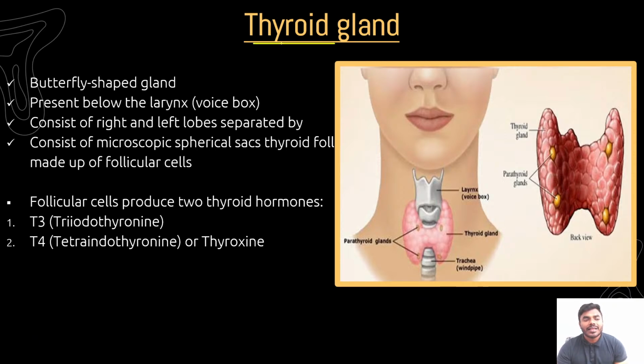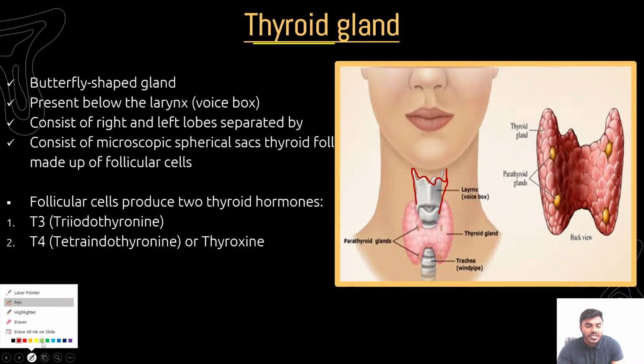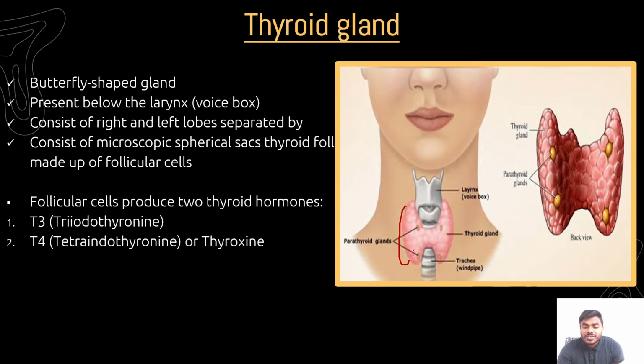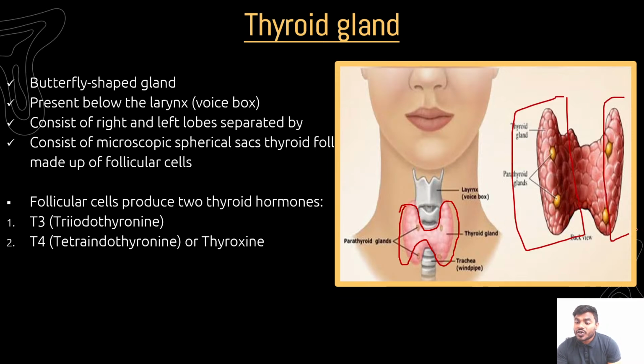Next gland, thyroid gland. Everyone follow me very correctly. What you have to remember? The functions of the hormone. See, this is the larynx, you can see in the picture very clearly. Below the larynx, there is the thyroid gland, you can see here. Correct? Friends, if you look into the structure of the thyroid gland very clearly, it consists of a right lobe and a left lobe.